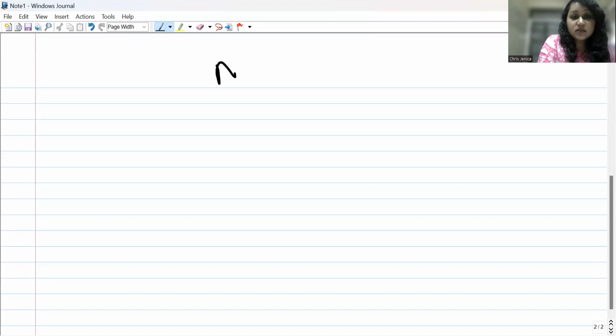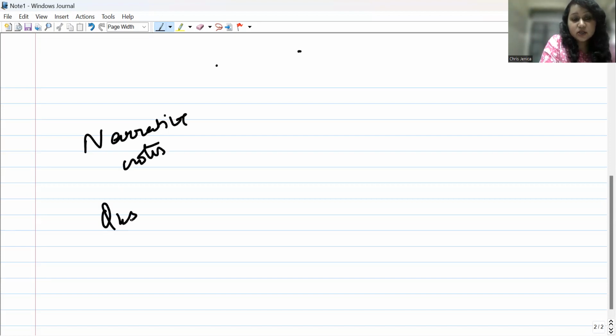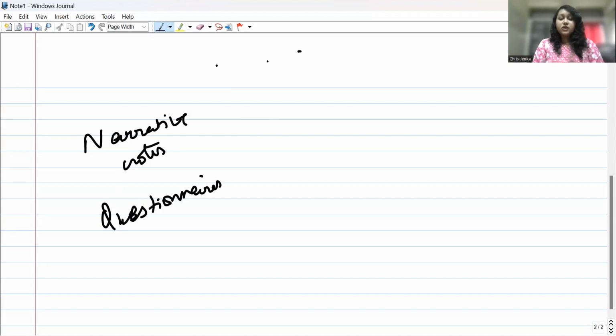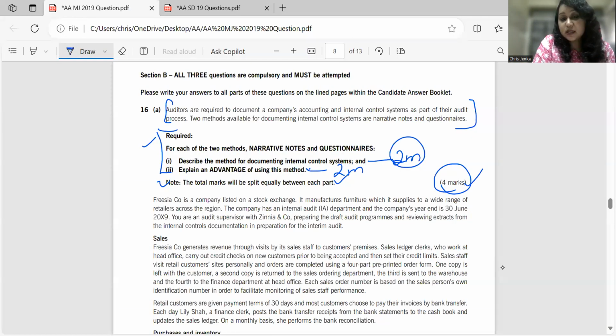Now you were asked relating to narrative notes and the questionnaires, right? Now, what are the two things that they asked? It was describe the method for documenting the internal control system and the advantage.